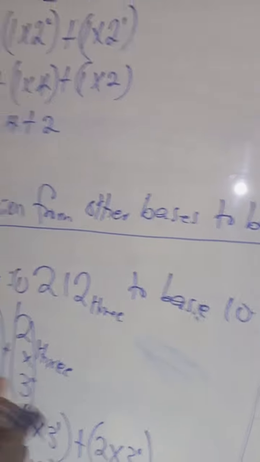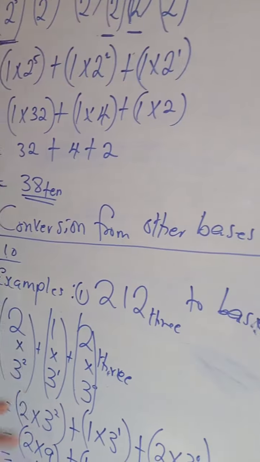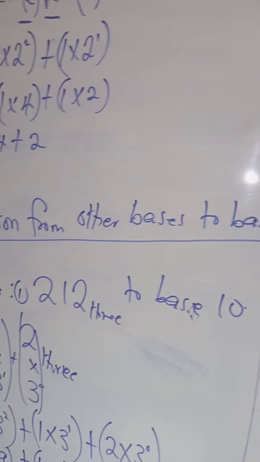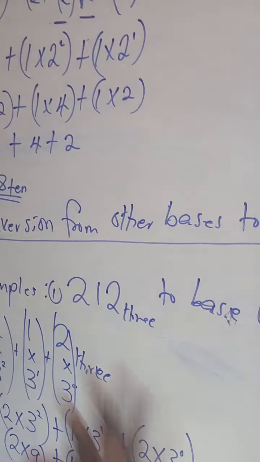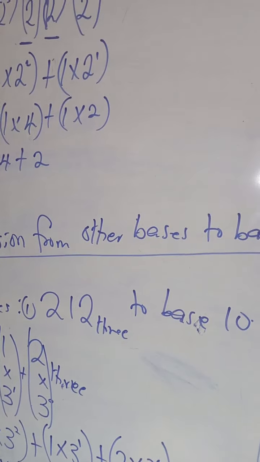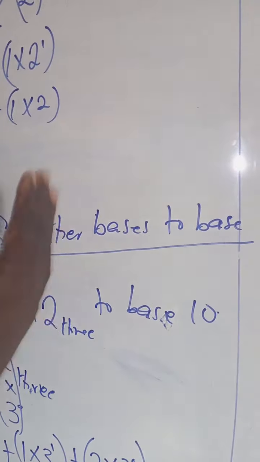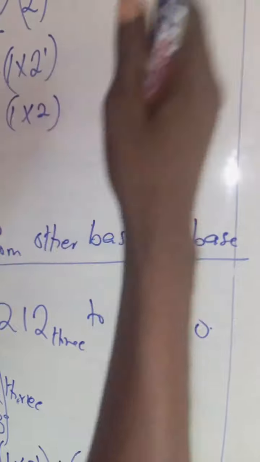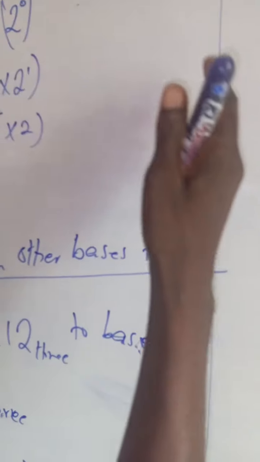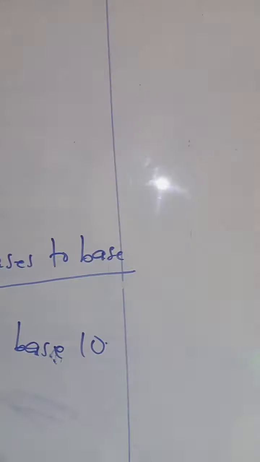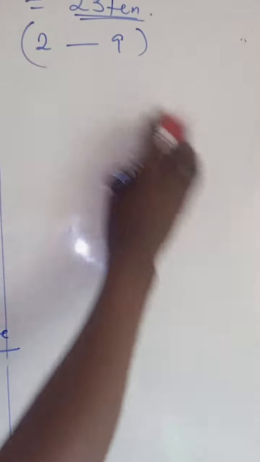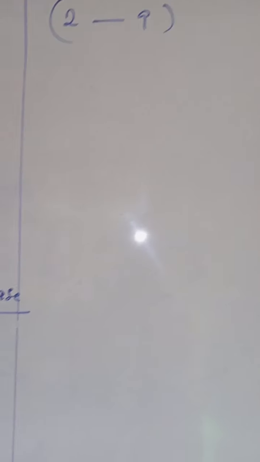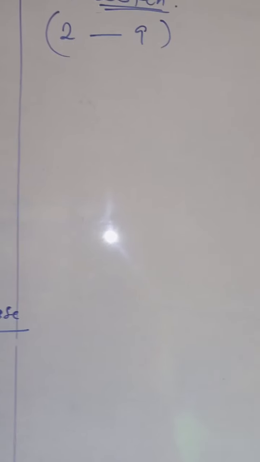So like I said, if you look at this, to convert from any base to base 10, when I mean any other base, I mean from base 2 to 9. There are all other hexadecimal and all this stuff.